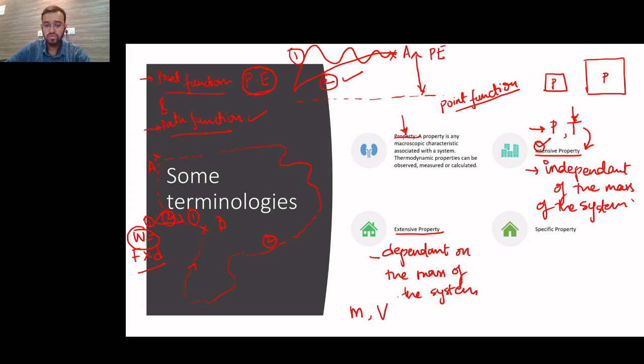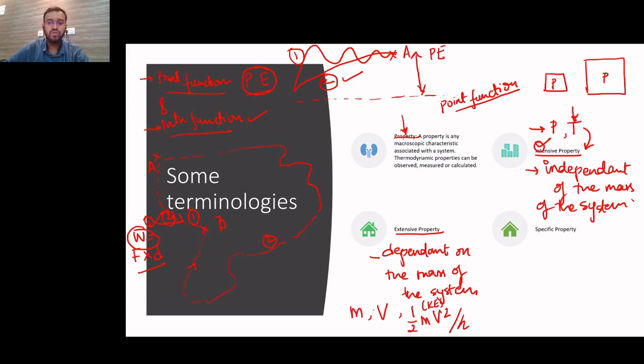So the higher the mass, the higher the volume, popularly. Then you have things like energy. So say kinetic energy is half m v squared. Okay, so that is kinetic energy. So energy is also an extensive property.